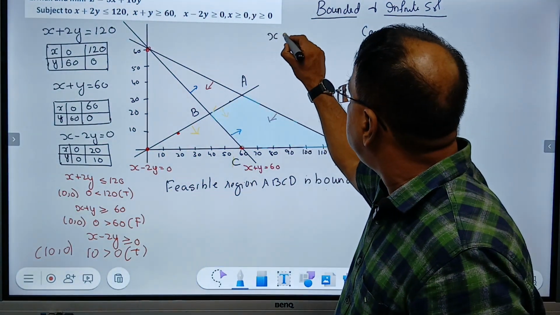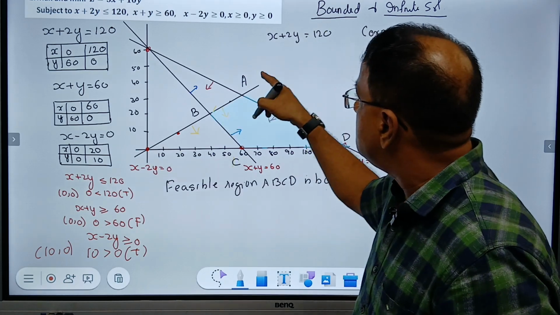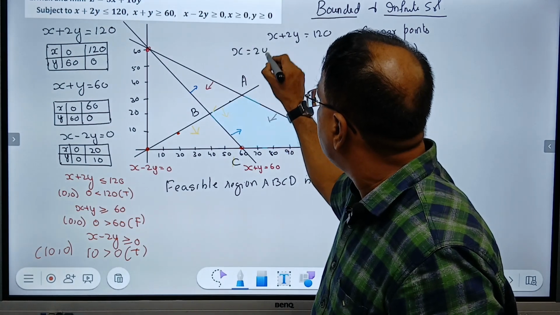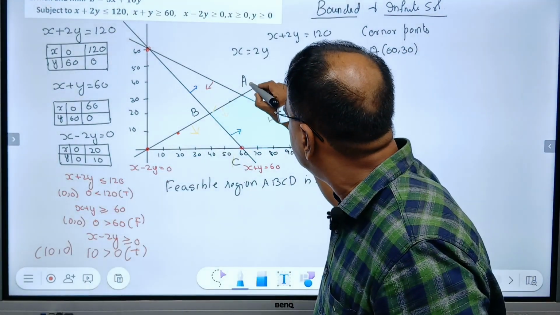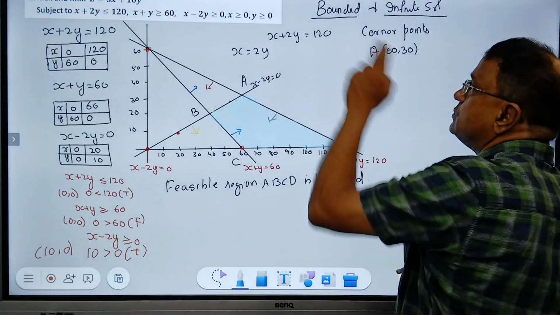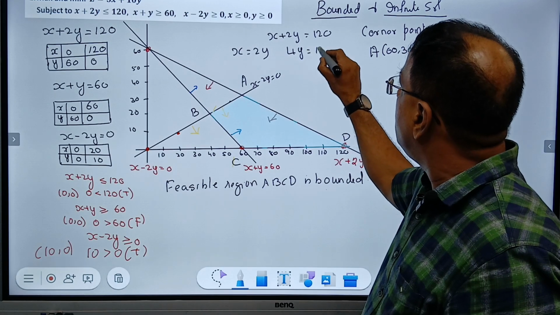See, this is x plus 2y equal to 120, and this line, what is this line? x is equal to 2y. This is x minus 2y equal to 0. So I'm going to solve these two. What do you get? 4y equal to 120.